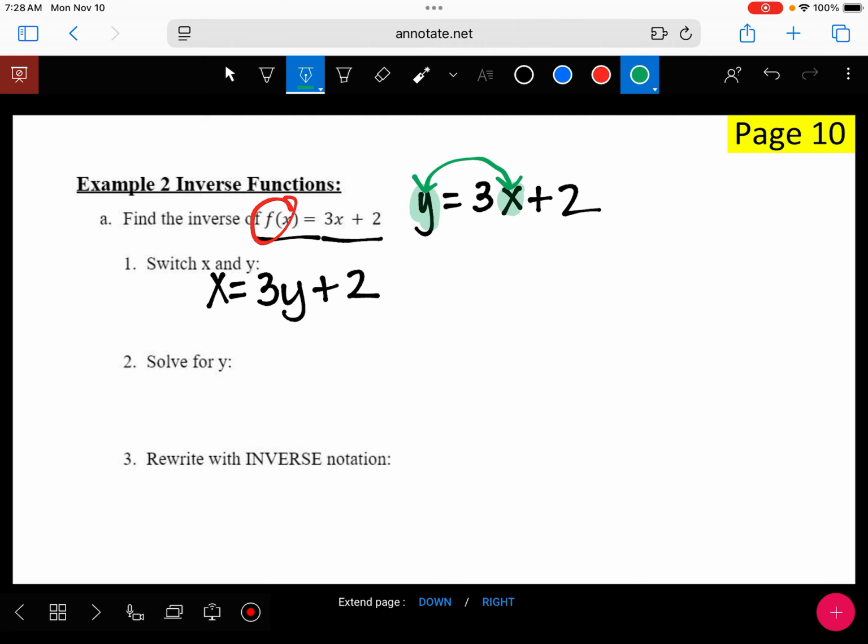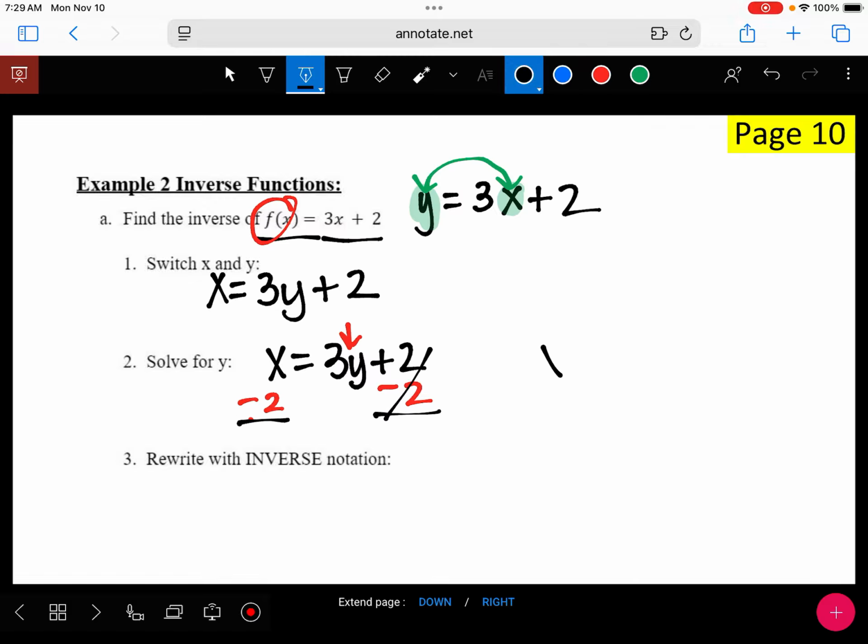All right, and now we're ready to solve for y. So I'm going to subtract the 2. So there's two things happening to y. I have a 2 that's being added and I have a 3 that's being multiplied. So I'm going to start off by subtracting the 2, which is going to give me x minus 2 equals 3y.